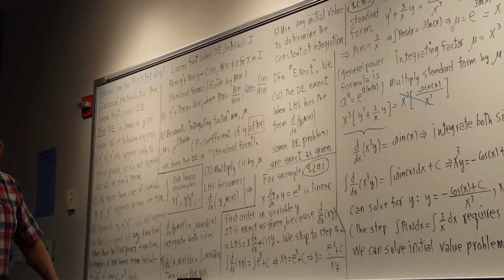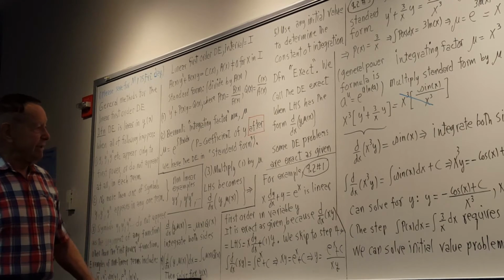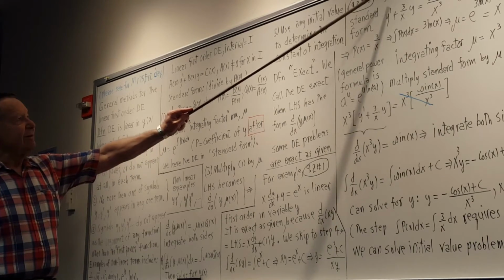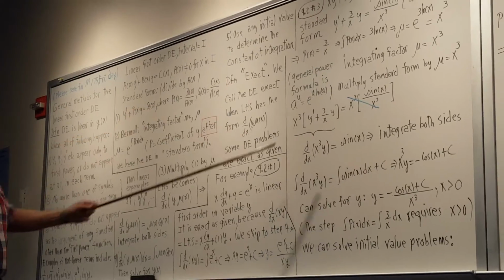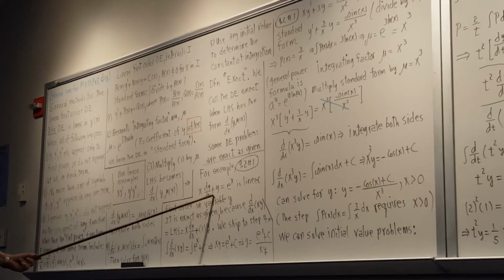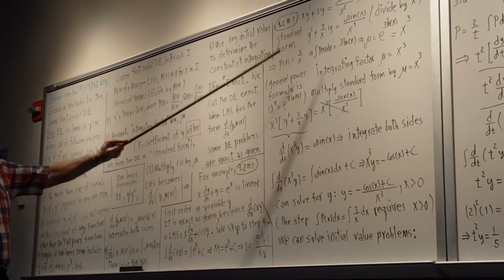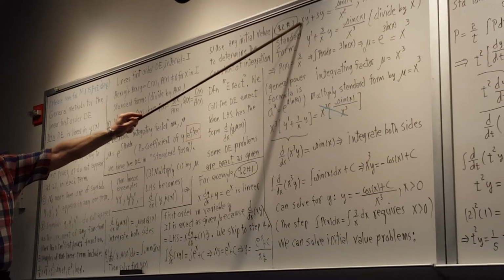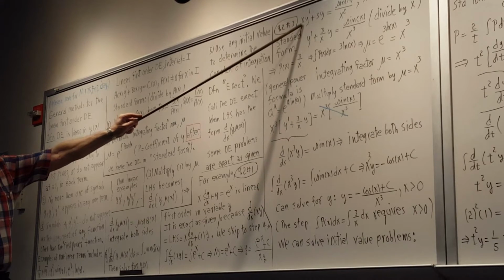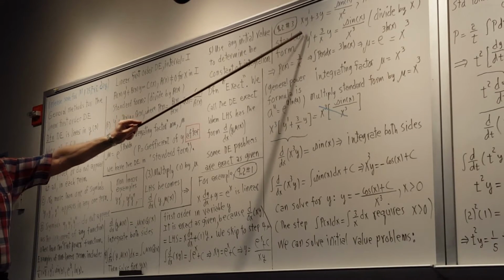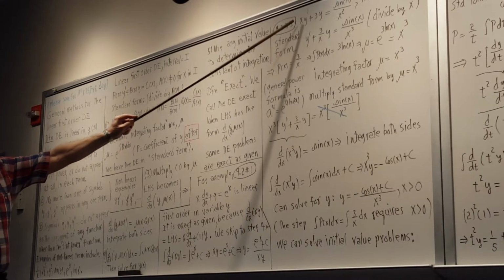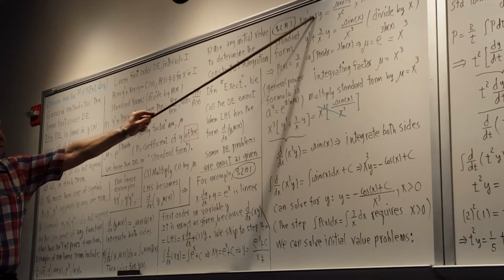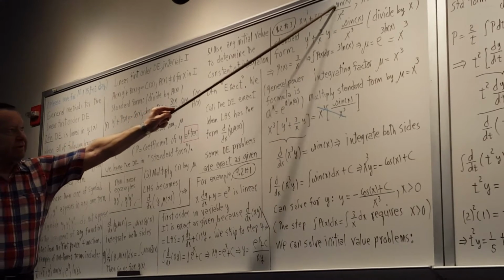So let's look at one where you actually have to get the integrating factor, where the thing wasn't exact to start with. So look at problem 3, okay? Not standard form, so you divide by the coefficient. So divide by x all the way across, including over here.